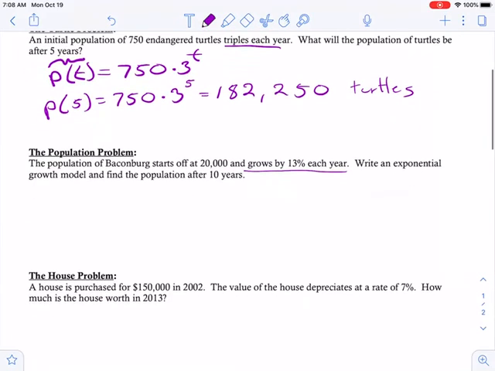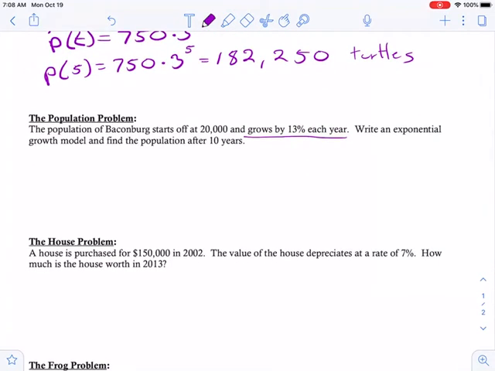For our next 2 problems, we're going to be dealing with how we use a percentage in order to get to our common ratio. So here we have the population of Baconburg starts off at 20,000 and grows by 13% each year.